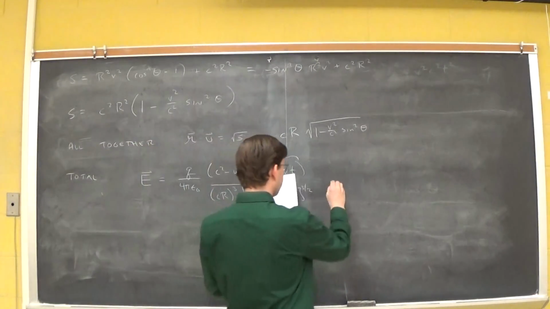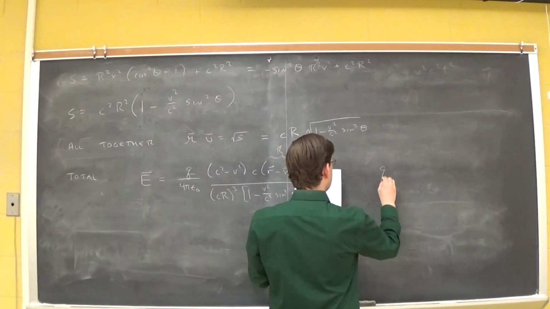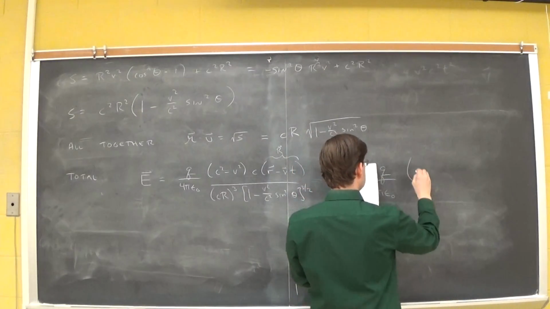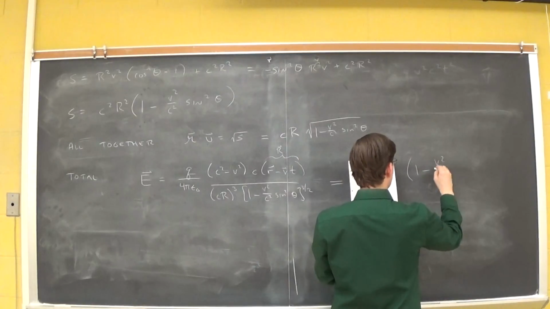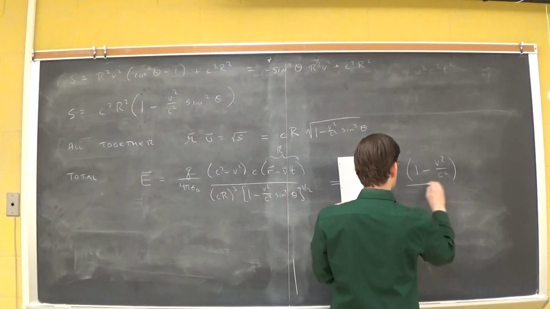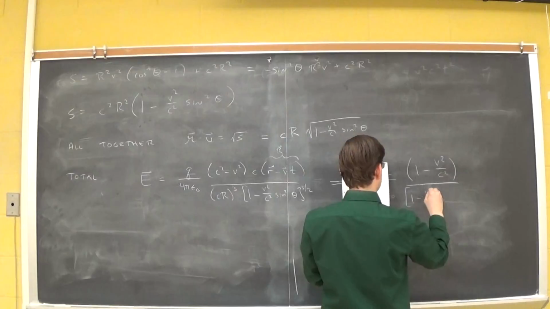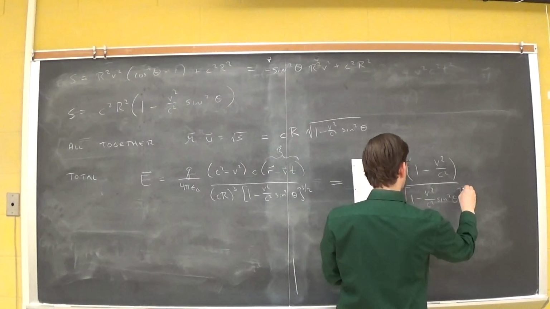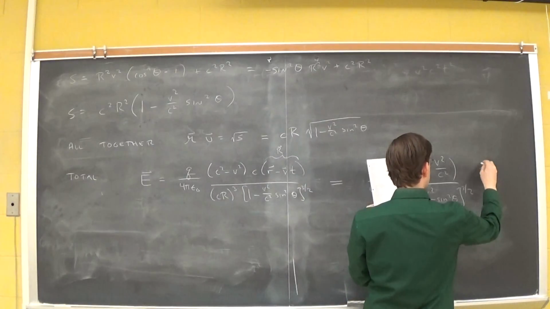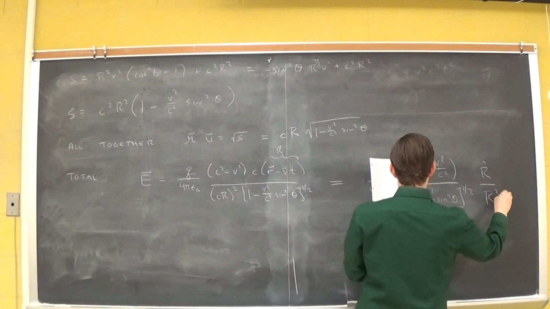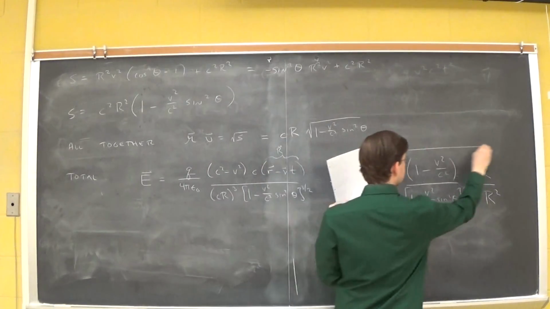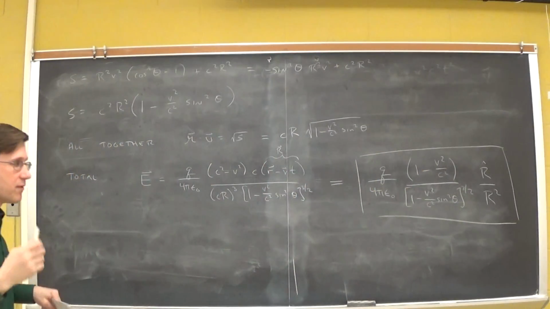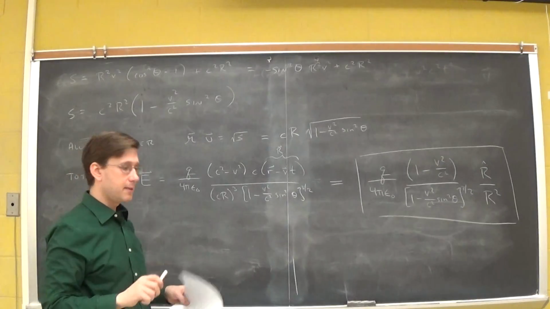And so this whole thing we can write as q over 4 pi epsilon naught times (1 minus v squared over c squared) over (1 minus v squared over c squared times sine squared theta) all to the 3 halves, times R hat over R squared. And there it is, the electric field from a moving point charge at constant velocity.